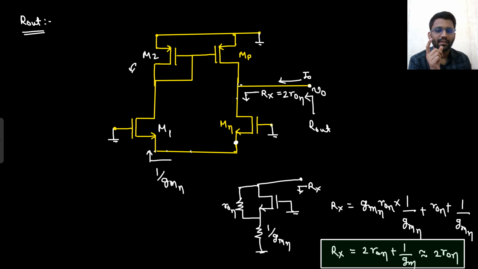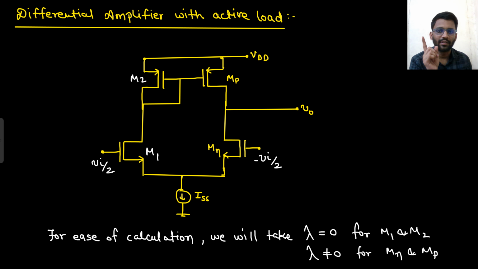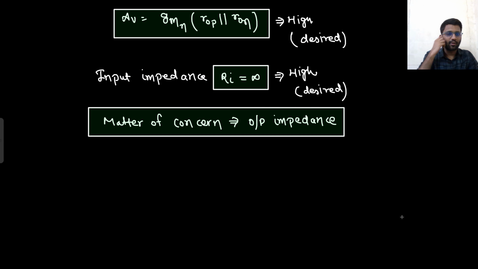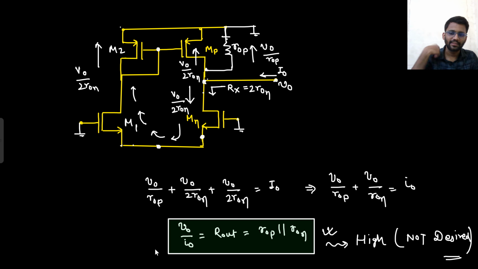Now we have studied the differential amplifier with active load. Can you remember the gain of differential amplifier with active load? That is GM and ROP parallel with RON. This you can remember. Well and good. You can remember the input impedance as well, that would be infinity. And what is the output impedance? Output impedance is ROP parallel with RON, which we got after a lot of calculation, not by simple virtual short, not by the concept of symmetry, but we did the rigorous analysis.